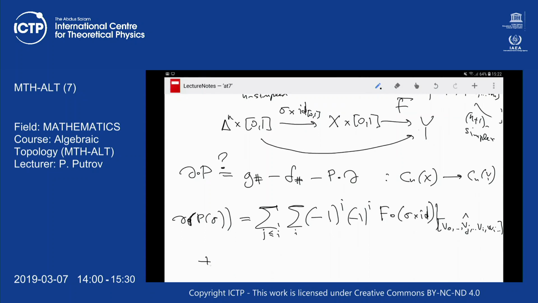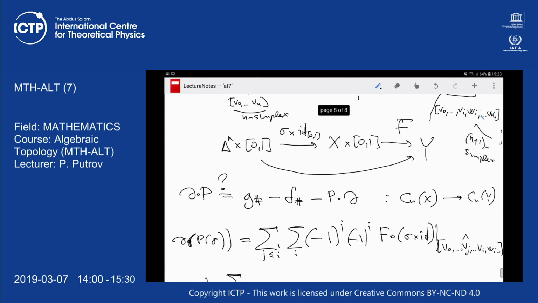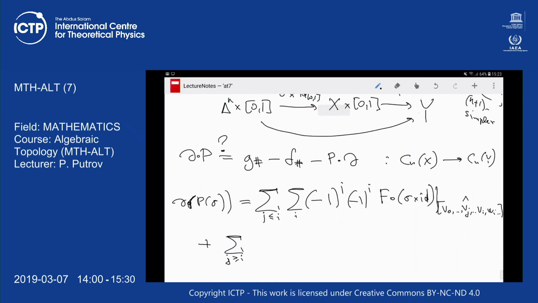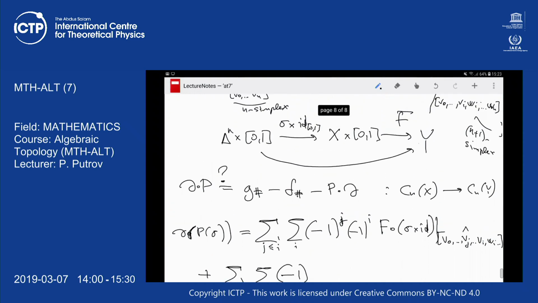And then there will be the second term, where J runs starting from I. So we will start removing W vertices. Again, we start with I and go up to N. So we jump, since we repeat it.